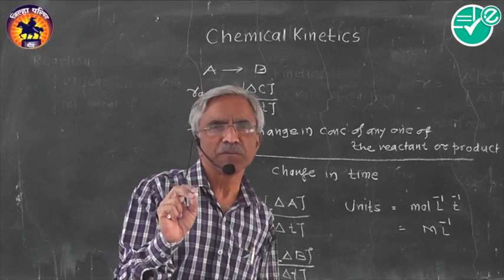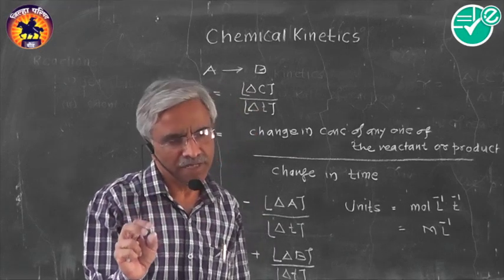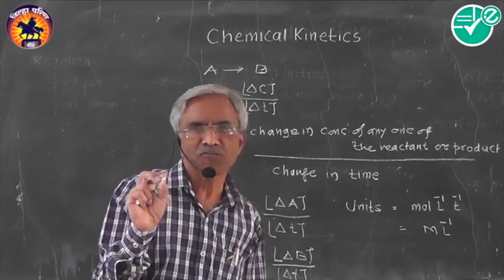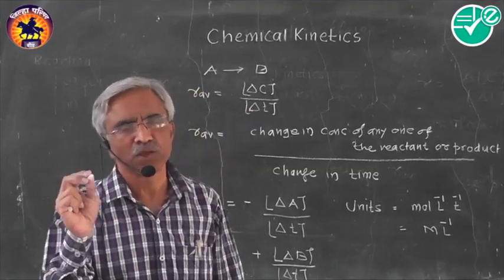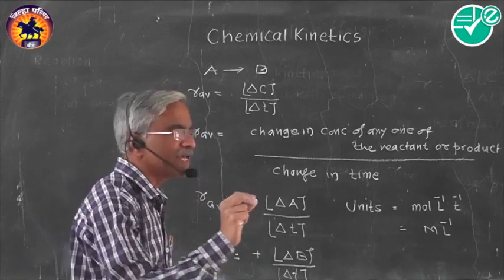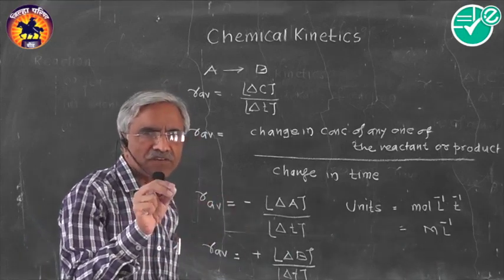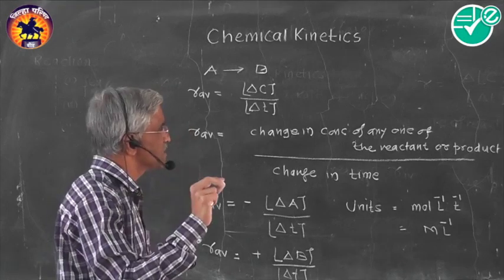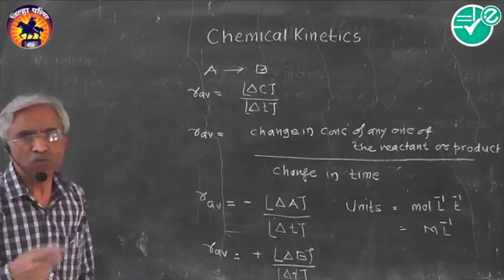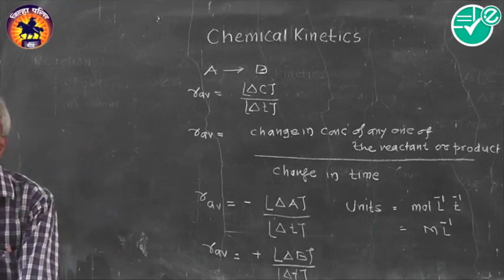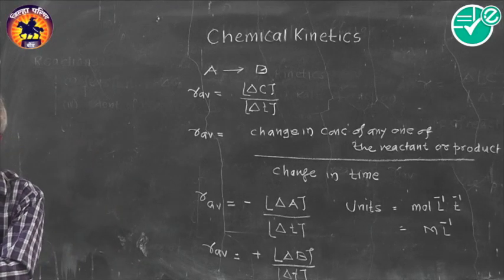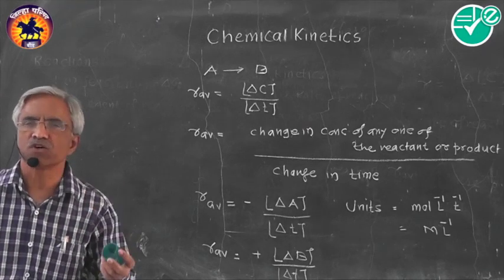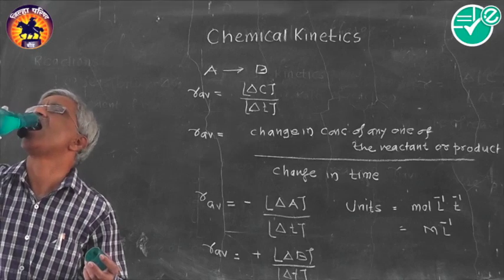For the students to remember, stoichiometry is the balanced chemical reaction, and when I say the number of moles of reactant and product, for those who don't understand, kindly remember the coefficients of reactant and the product in the balanced chemical reaction are called the stoichiometric coefficient. So we can have a reaction where we can have more number of moles of reactant or product.